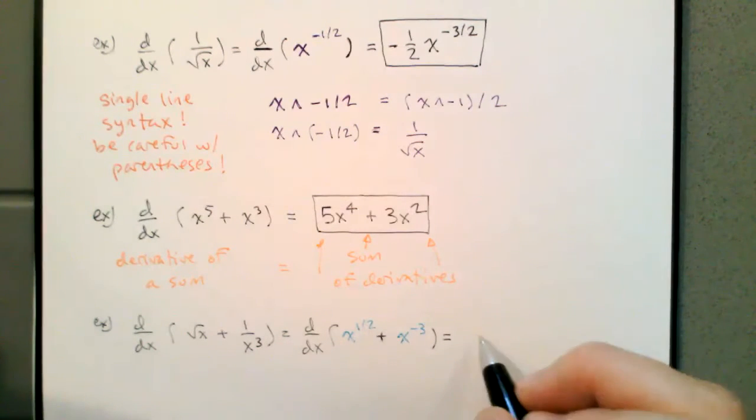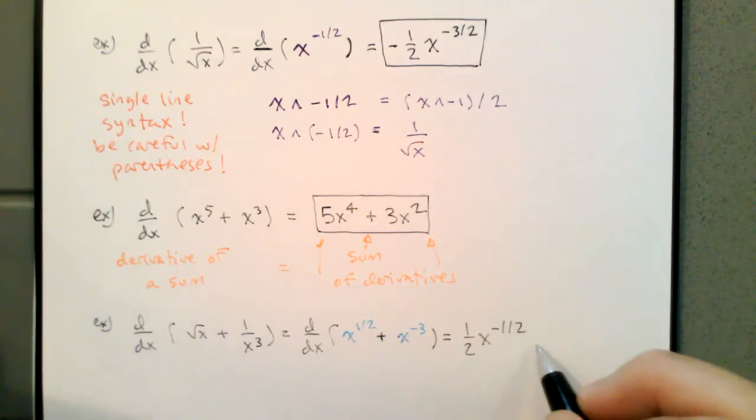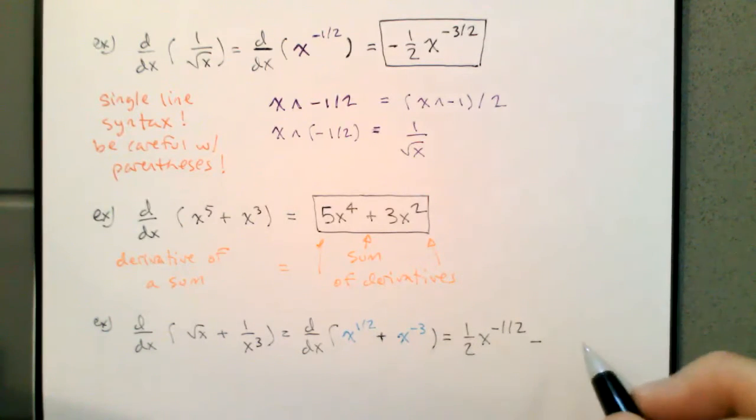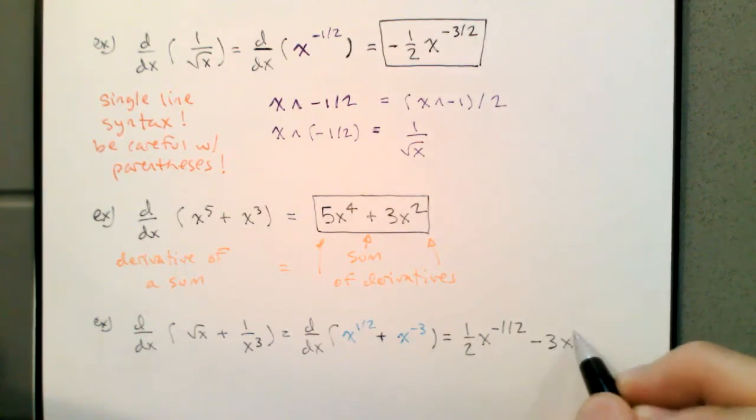The derivative of x to the 1/2 is 1/2 x to the negative 1/2. The derivative of x to the negative 3 is negative 3 x to the negative 4.